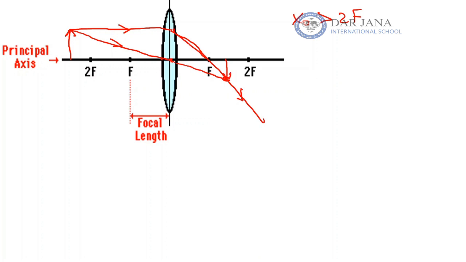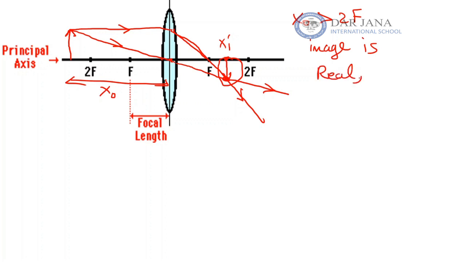That's the image. The intersection of the 2 rays forms the image. So this is from here to here. This is xo. And this is here xi. As you see, the image here is reduced. It's inverted. So yeah, it's real, inverted, and it is reduced.